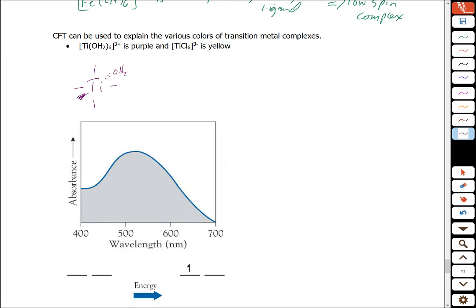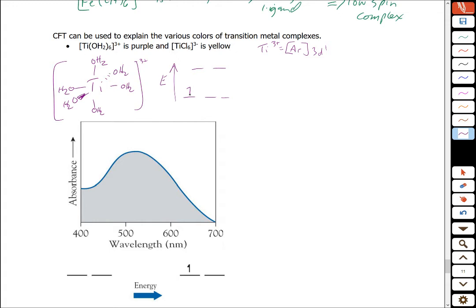Here's hexaaqua with a 3+ charge, and if we draw the energy level diagram, titanium(III) is d1. We have this configuration.